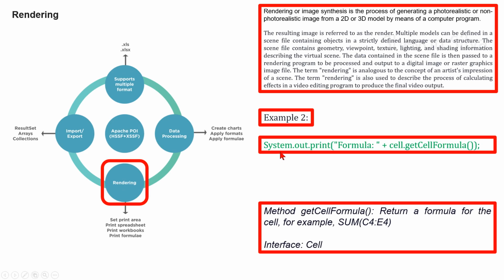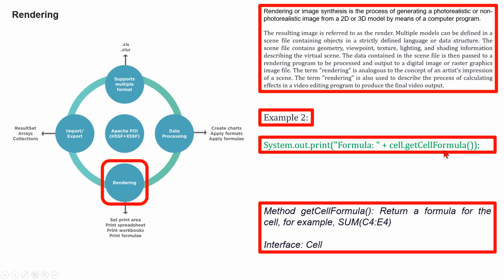As an example too, we can consider this code segment. And the statement. Here you can see the method getCellFormula returns a formula for the cell, for example SUM(C4:E4).